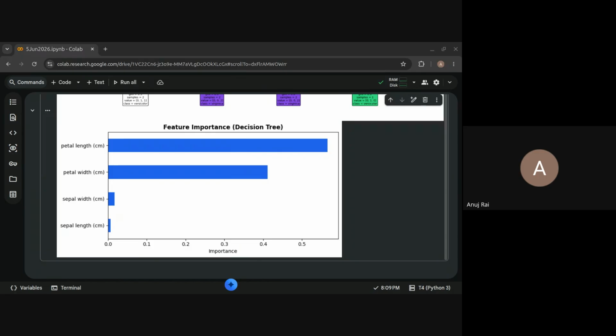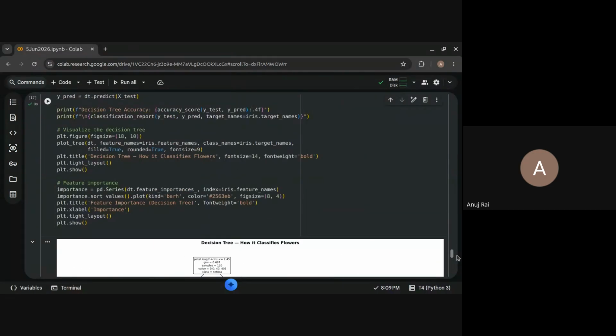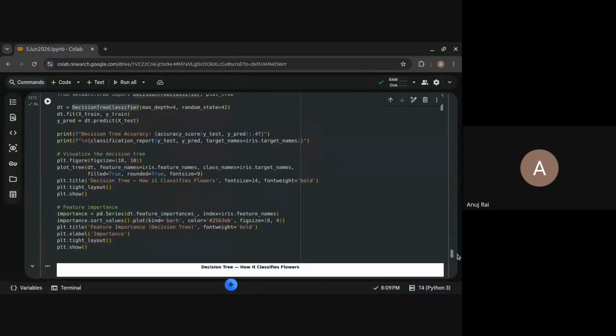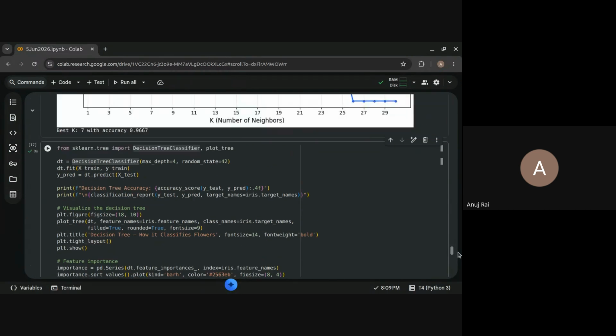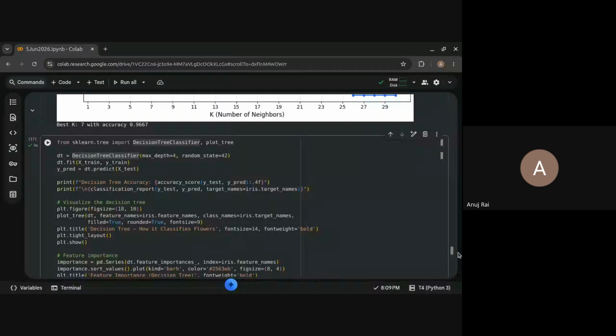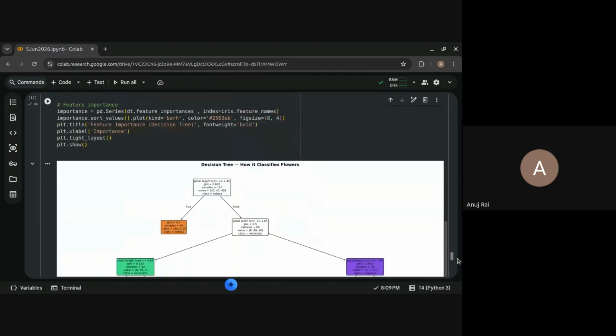So what we learned right now was classification, where we know the output. In the case of our cancer data set, we knew that it should be either malignant or benign, and in the case of iris, the type of flower it belongs to; the output we already know.